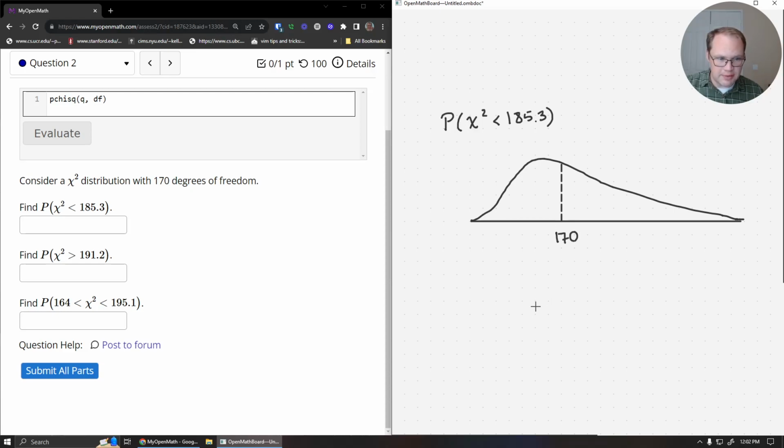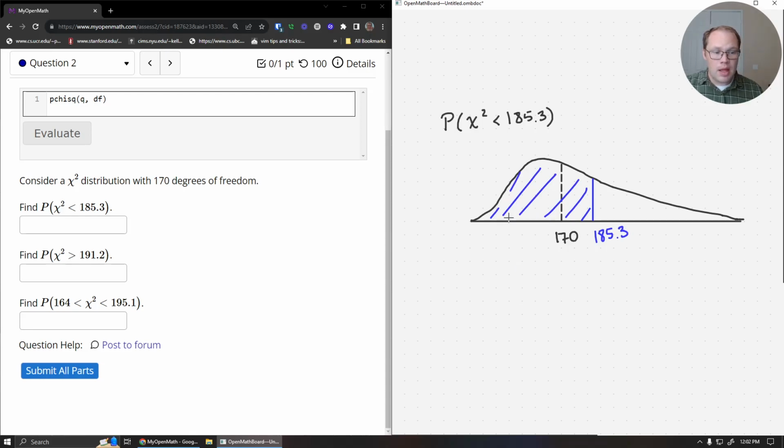In this case, 170. We want to know the probability that a randomly chosen chi-square value is less than 185.3. So 185.3, let's say it's right here. We just need a really rough picture to know what's going on. And we want the chi-squareds that are less than that. So that's to the left.